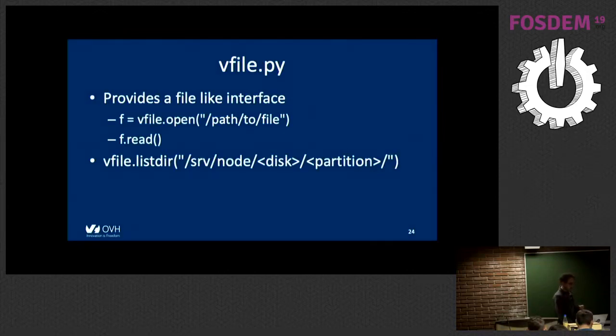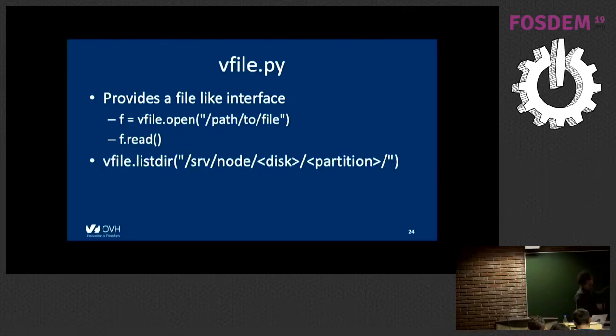Quick word about that vfile.py module. It provides a file-like interface. If you open a file, you can notice here that the path is a regular file system path, so you don't have to modify Swift code. But we need this to match the expected layout. If you try to open or create a file in an arbitrary path, it will fail because we won't know how to store it and we won't be able to reconstruct the directories.